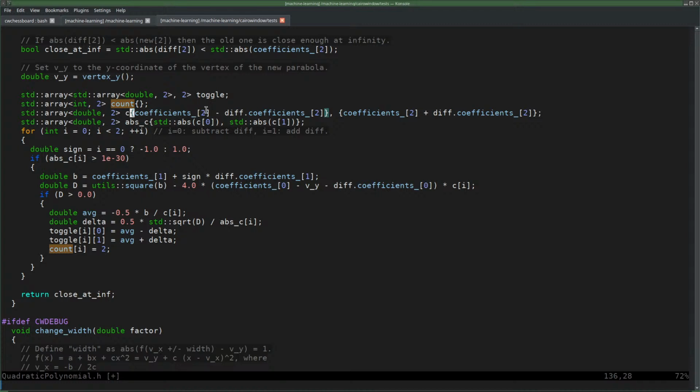So for C, that is the C coefficient minus the C coefficient of the diff, and then adding it for the addition, so the second argument of this array. And this thing just contains the same values within the absolute value of that. Keep track of a sign.